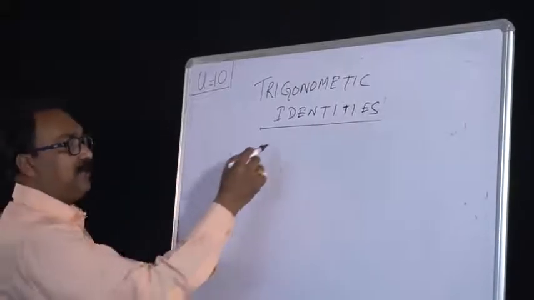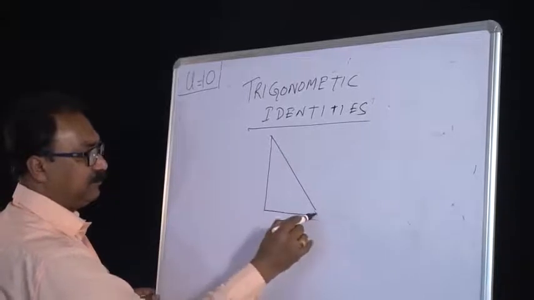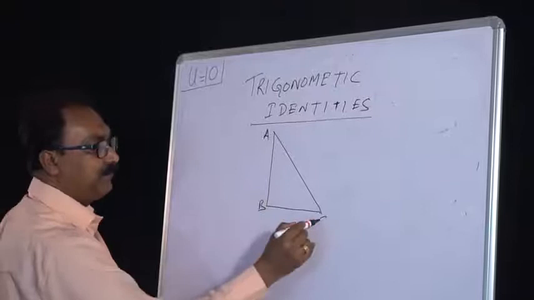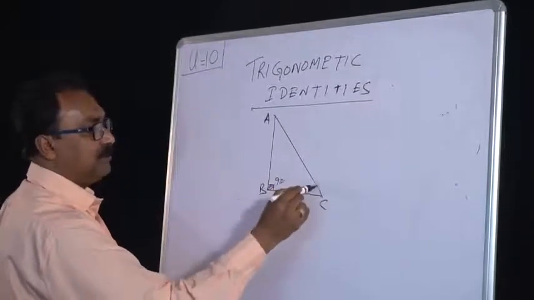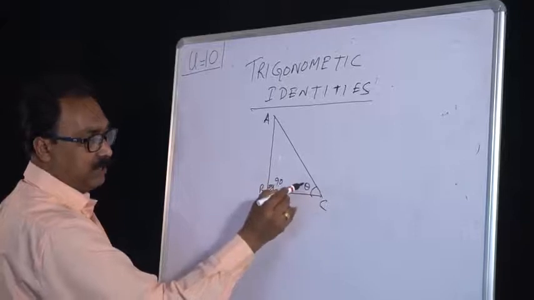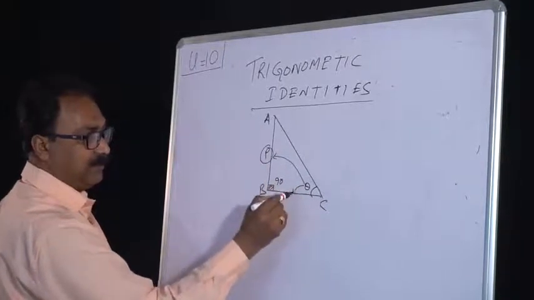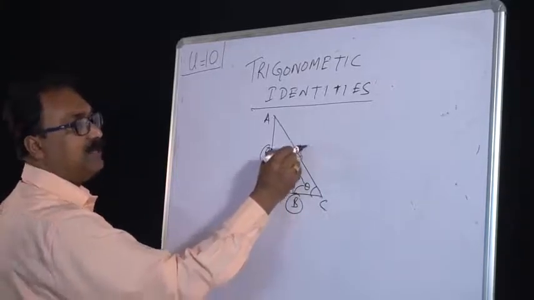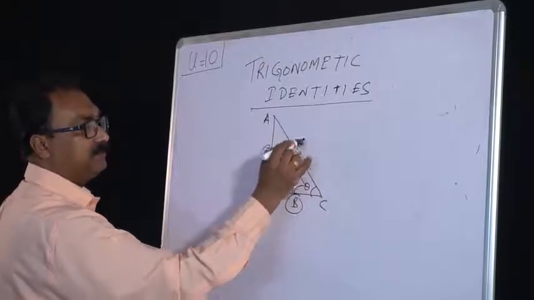With the help of a right triangle, look at this, we consider right triangle ABC. This is 90 degrees. This angle we consider theta. The side opposite this angle is the perpendicular, this one is the base, and the side opposite 90 degrees we call the hypotenuse.